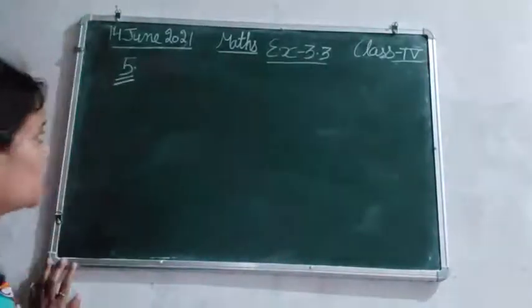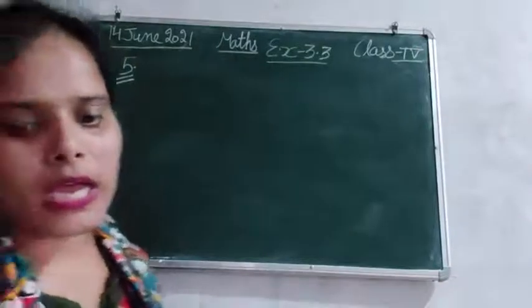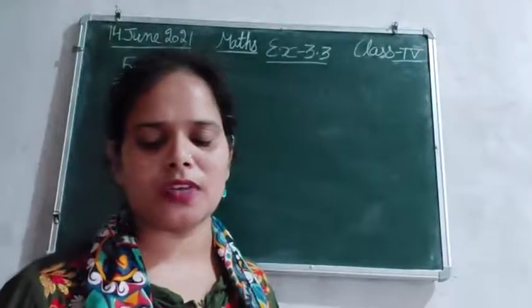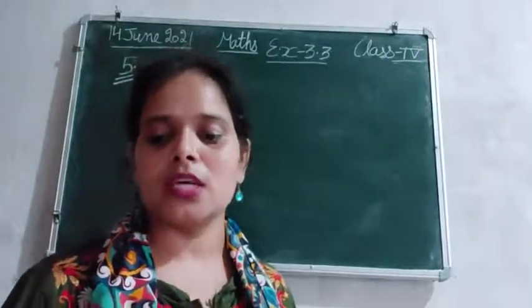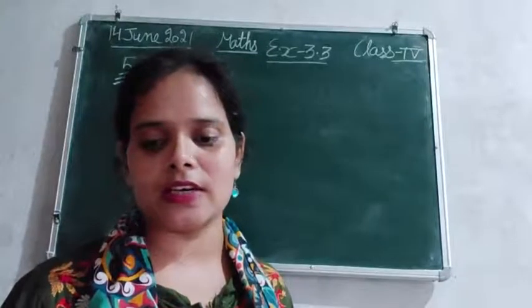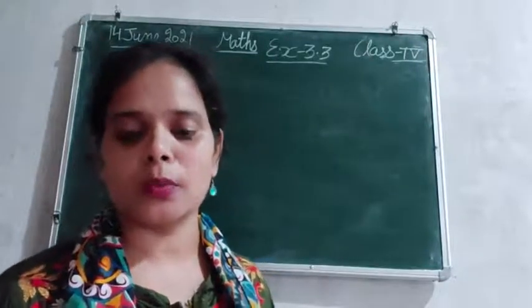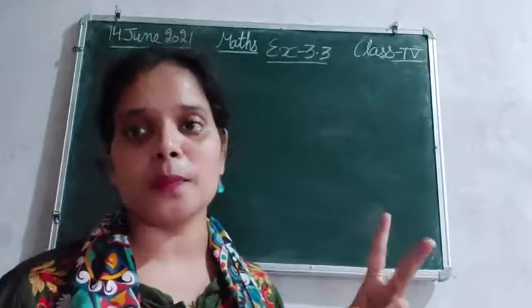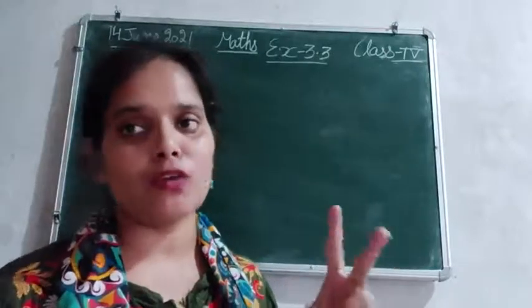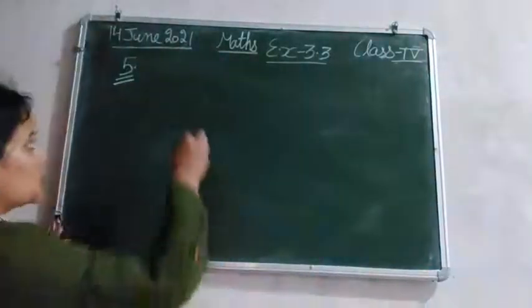The question number is 5. Abhay spent rupees 2310 on shoes and rupees 1872 on books.